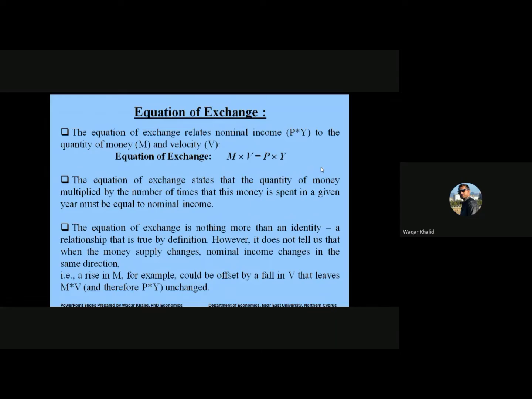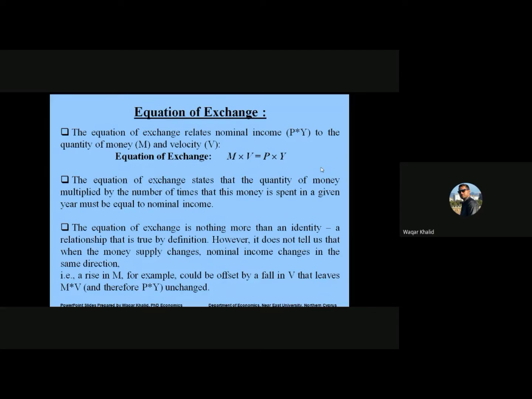If M increases, this increase could be offset by a fall in V. It means there will be no change. The identity will remain an identity. Look at this equation. If M increases and V decreases, finally M multiply V will be unchanged. If M multiply V does not change, it means P multiply Y will also not change.